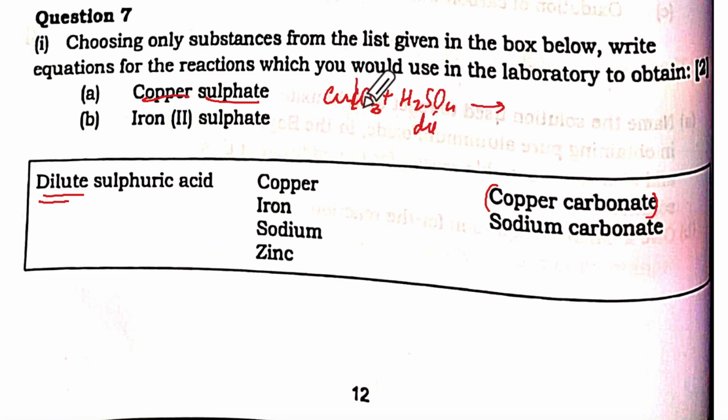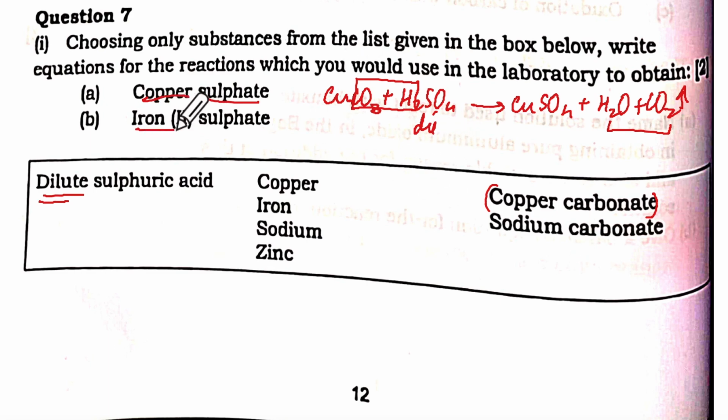What will I get? Come on, quickly tell me. Cu will take SO4. CuSO4 plus H2O plus CO2. Very good. Now H2CO3, remember carbonic acid is unstable. So always what you write is H2O plus CO2. You're with me? So this is how we will prepare.